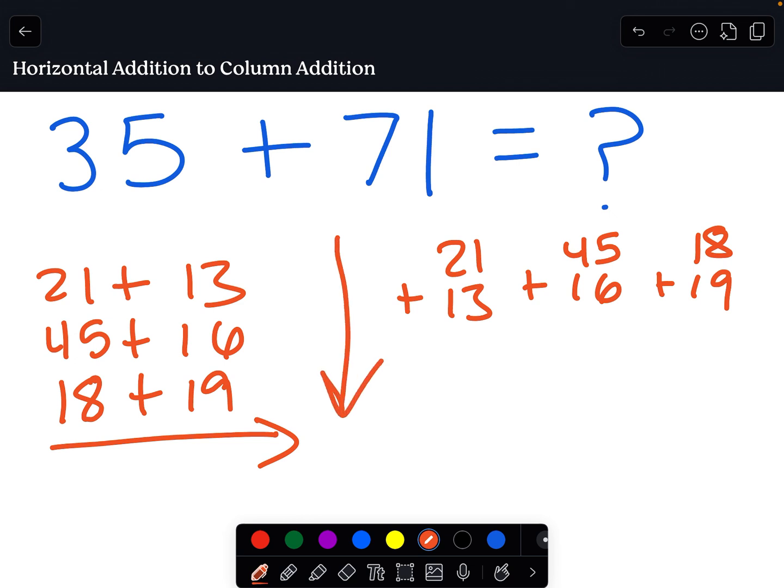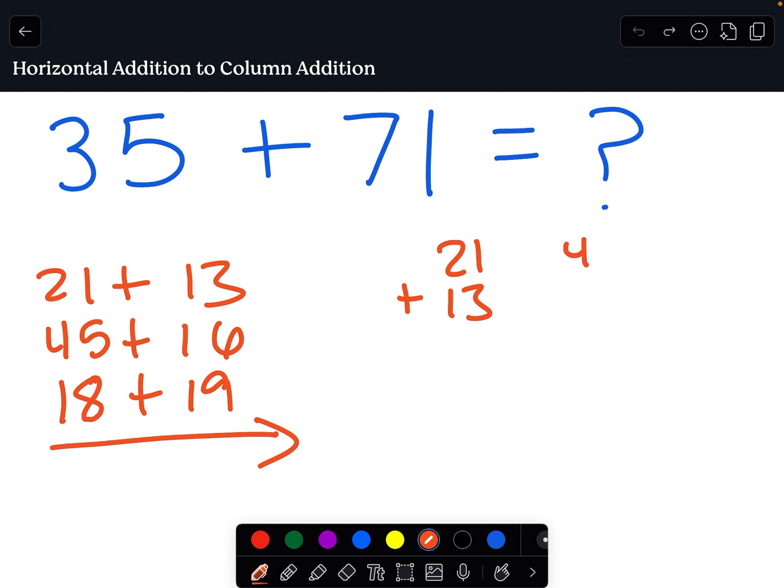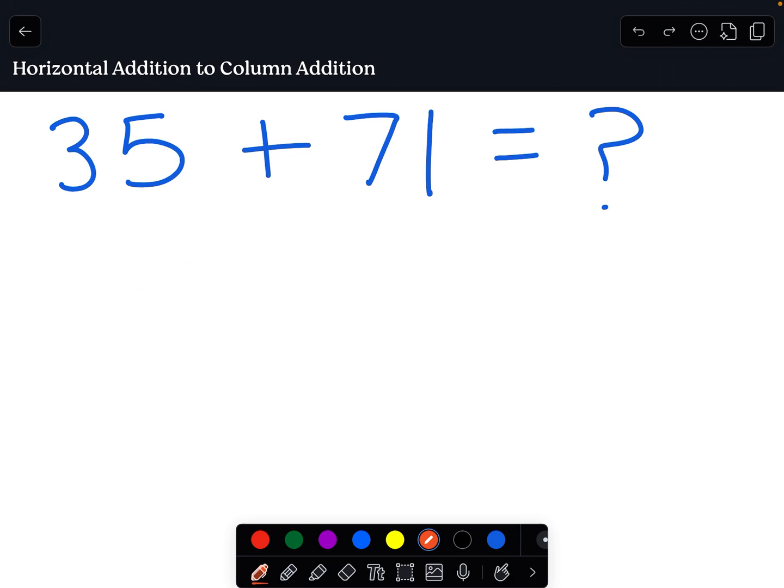Column addition is when these go up and down. And why do we call it column addition? We call it column addition because they are in columns rather than in rows. Rows are horizontal, and columns go up and down.